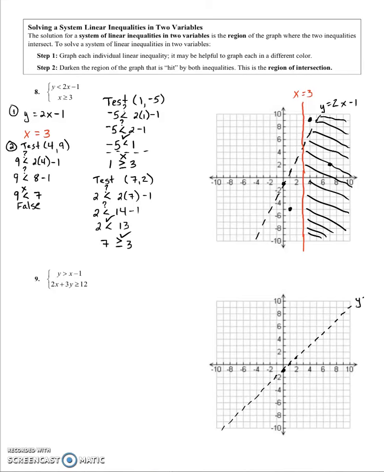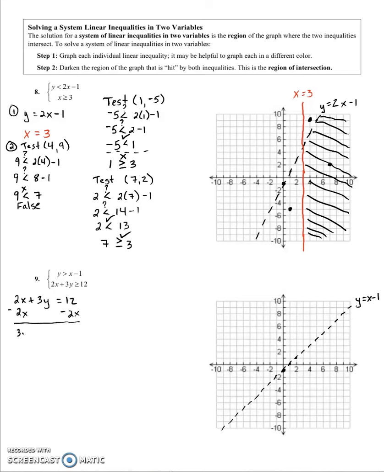So that's y equals x minus 1. Okay, let's graph the other one. Well, it looks like we're going to have to do a little math first. So 2x plus 3y equals 12. And we're going to put this in slope-intercept form by solving for y.